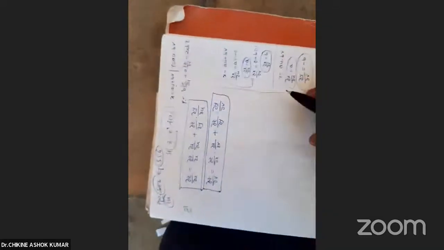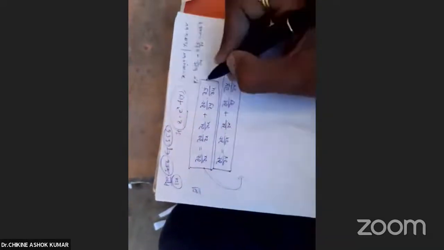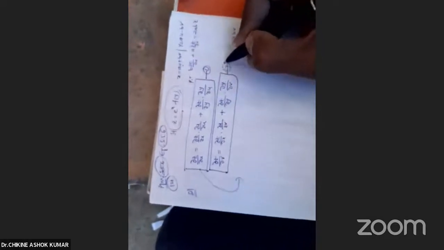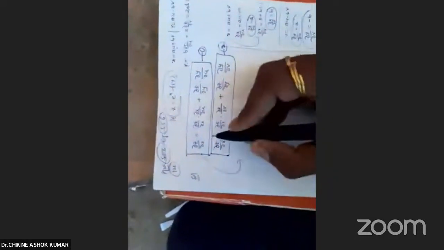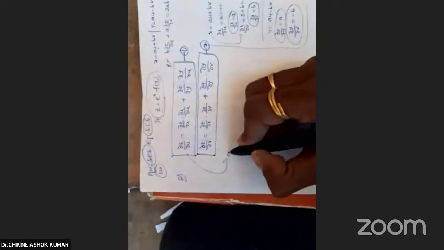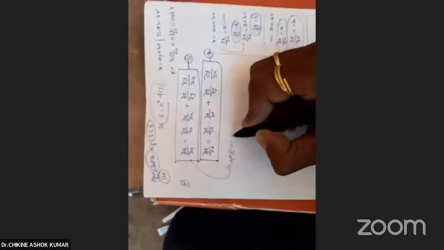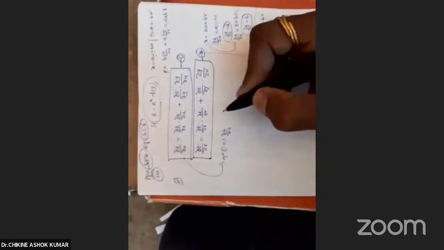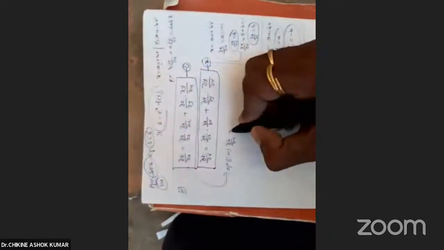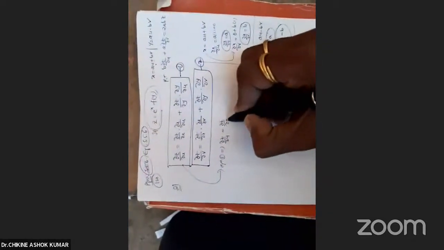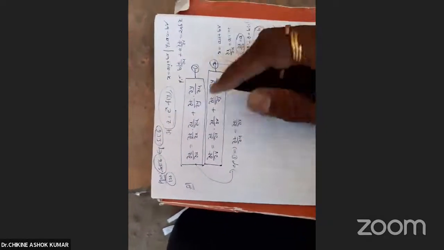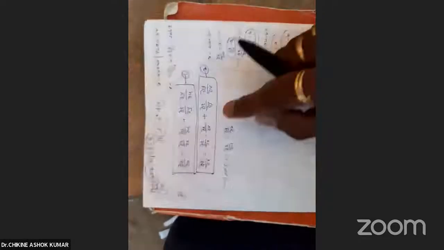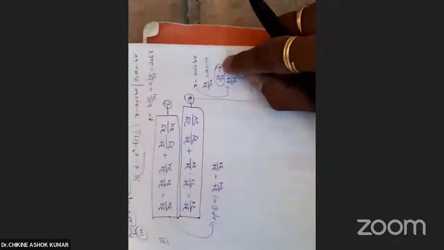Next I'm going to substitute these values into this. Let's call this equation 1 and this equation 2. So equation 1 implies dou z by dou u equals dou z by dou x, once again I'm writing the same equation, into dou x by dou u. What is the value of dou x by dou u? It is a.